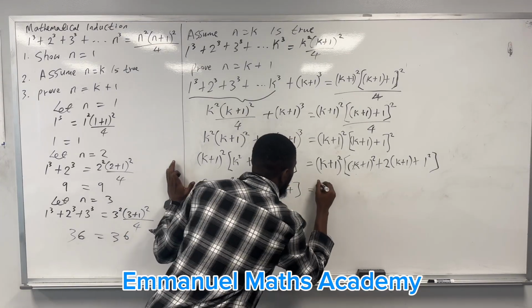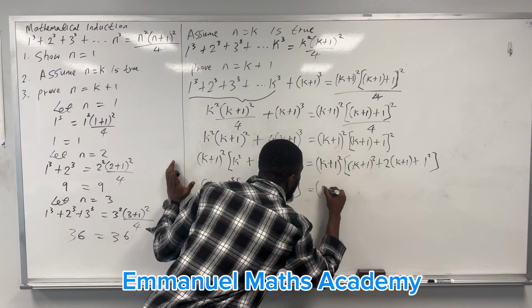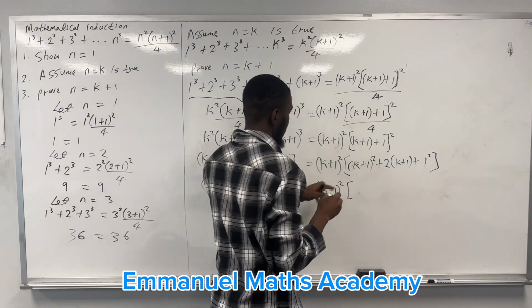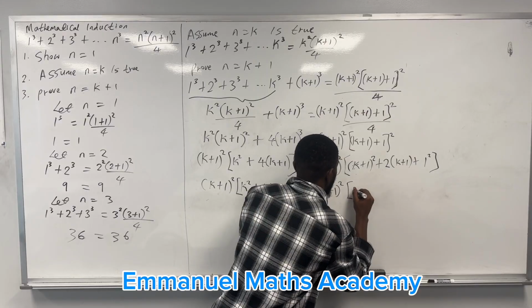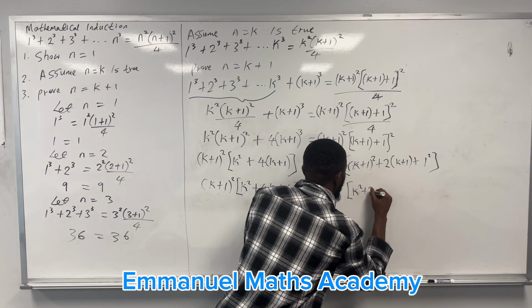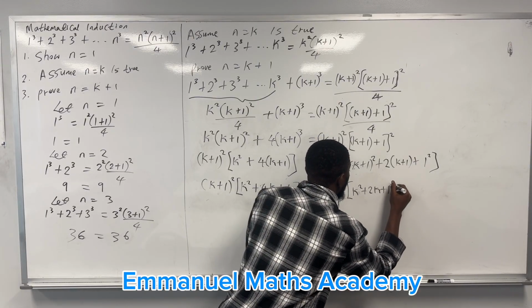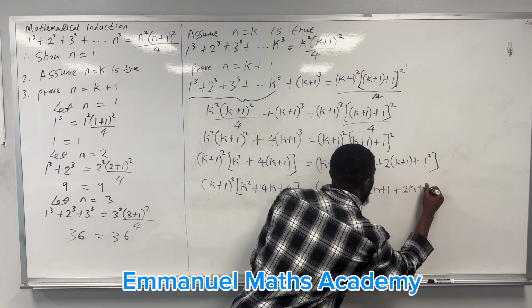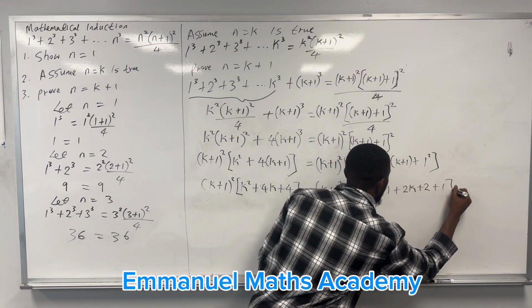This is equal to (k plus 1) squared into, this is what? This is k squared plus 2k plus 1, right? Plus 2k plus 2 plus 1.